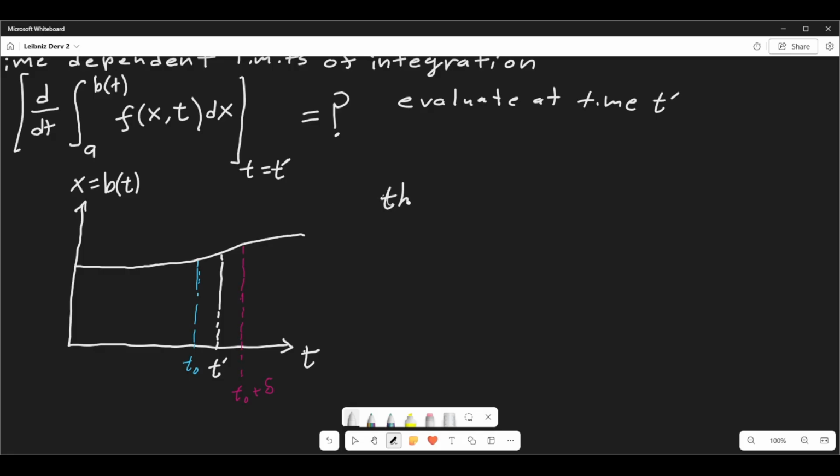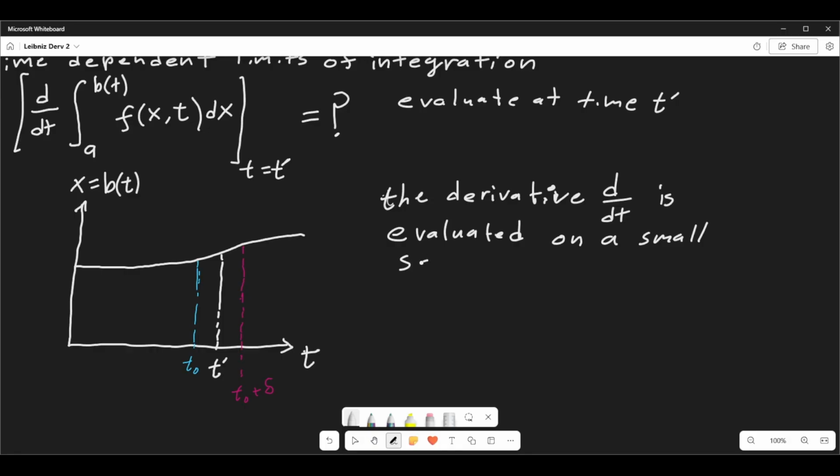So the derivative d by dt is evaluated on a small scale, small scale delta. And this is a scale in time.